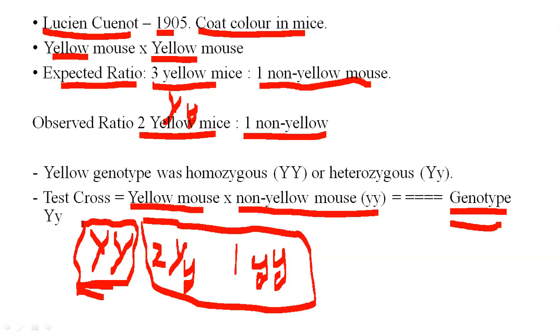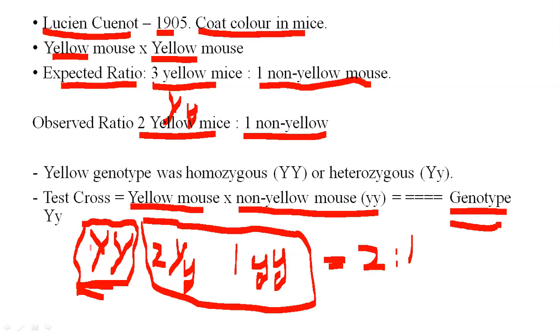It did not develop. When this one died, the offspring produced were 2:1.